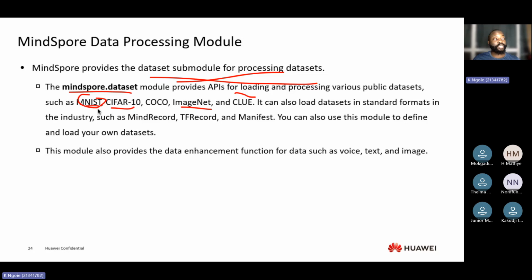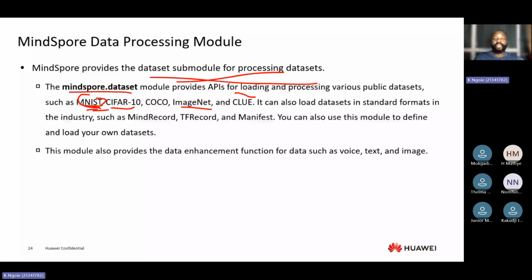This MNIST is a dataset that we will download together. It's a dataset that gives us numbers that were written, so those are handwritten numbers.